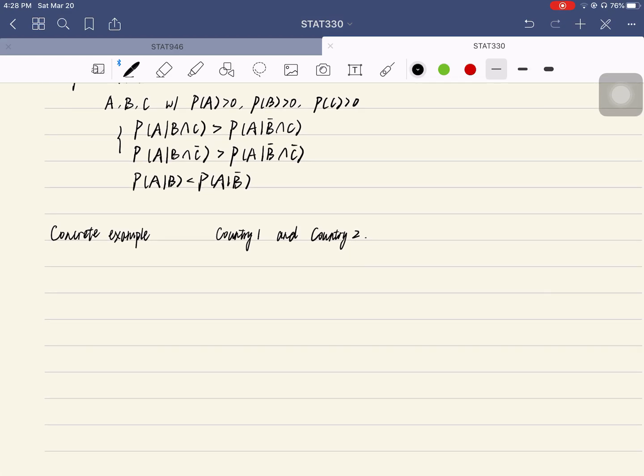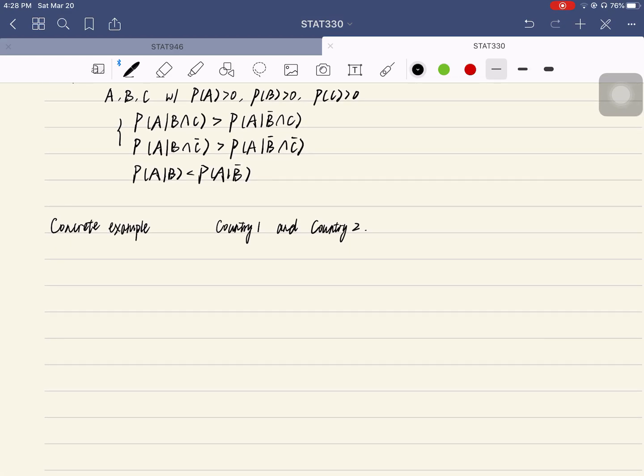In particular, we are looking at the probability of lung cancer given a smoker, and the probability of lung cancer given a non-smoker.